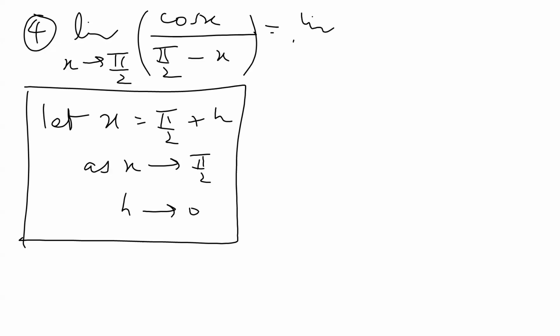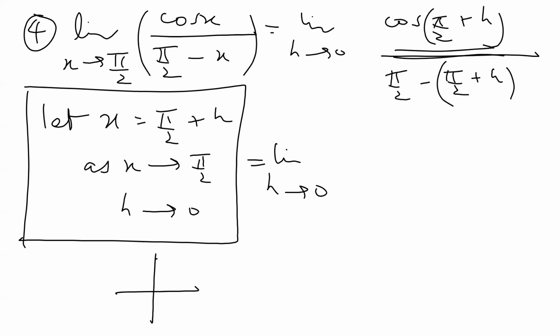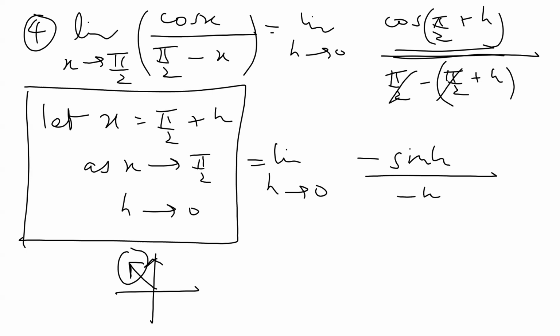So this is equal to limit h approaches 0, cos of pi by 2 plus h upon pi by 2 minus pi by 2 plus h. Cos of pi by 2 plus h: in this quadrant, cos is negative, y-axis, so minus sin h, and down also we are having minus h.